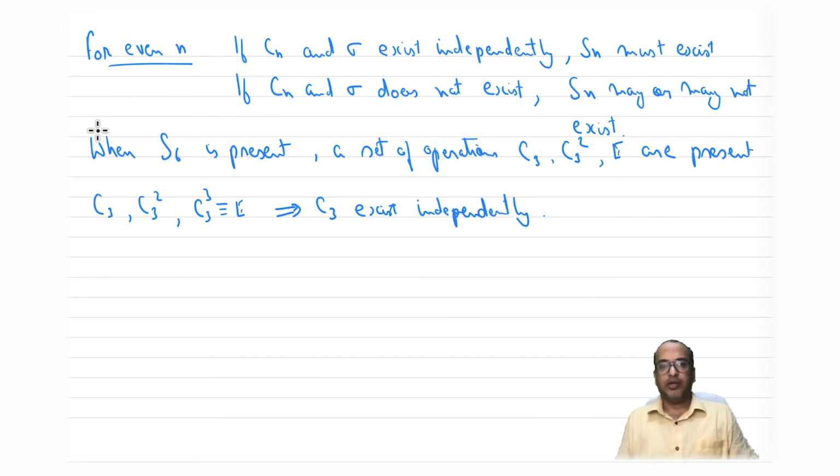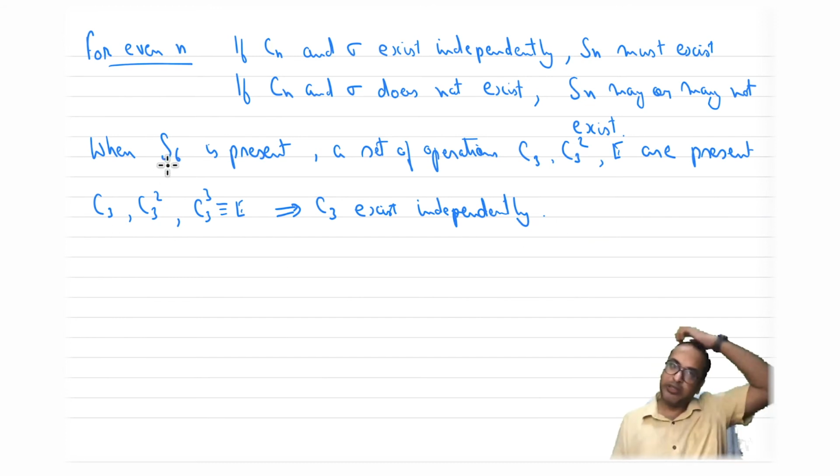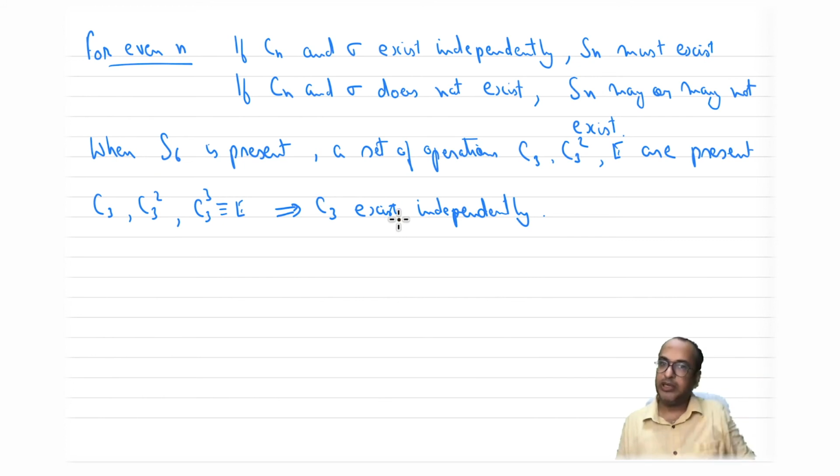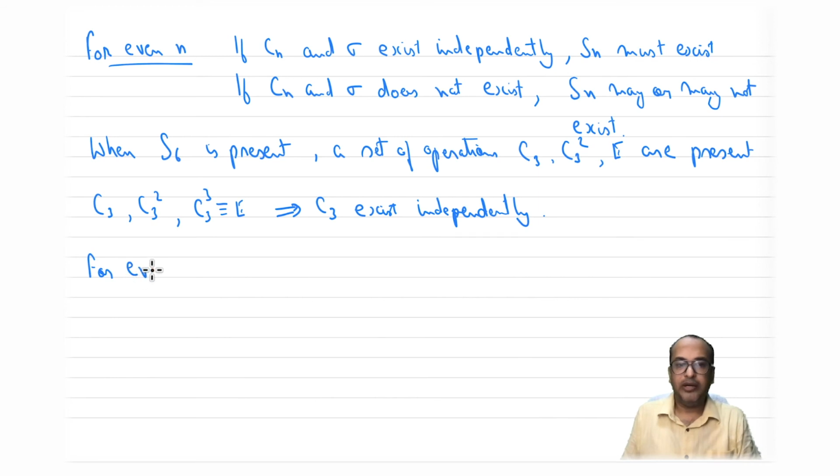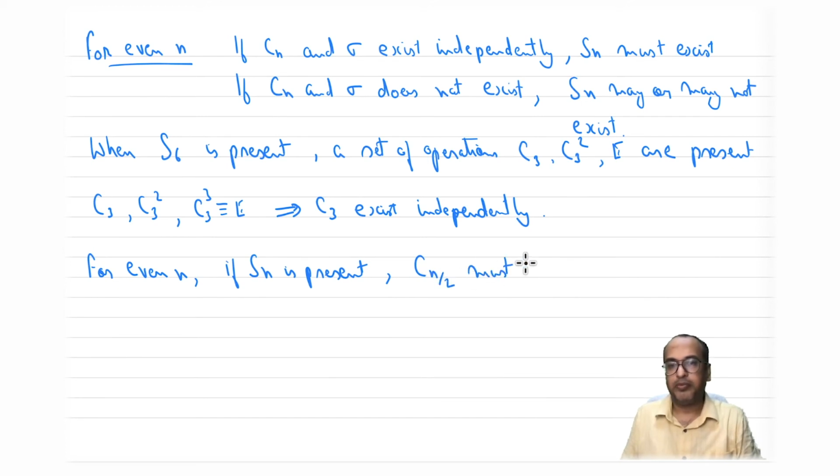So when S6 was present, C3 was present independently, irrespective of C6 and sigma. That means we can generalize this for even n: if Sn is present, Cn/2 must be present.